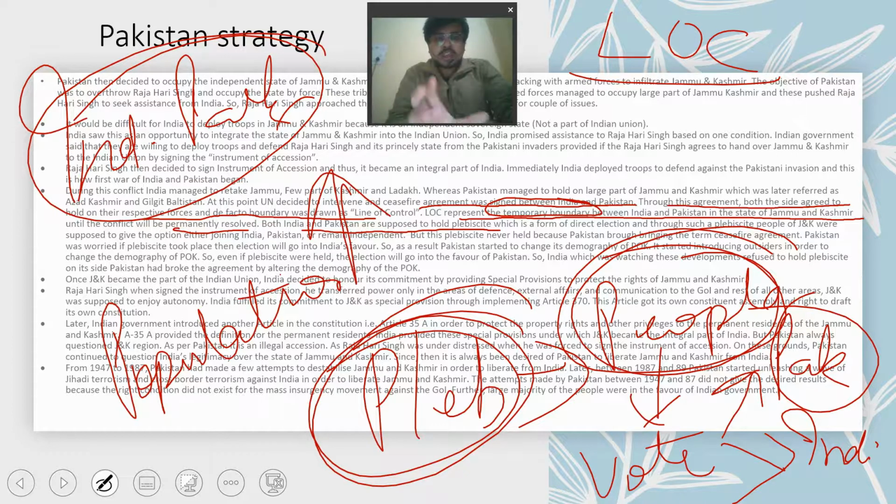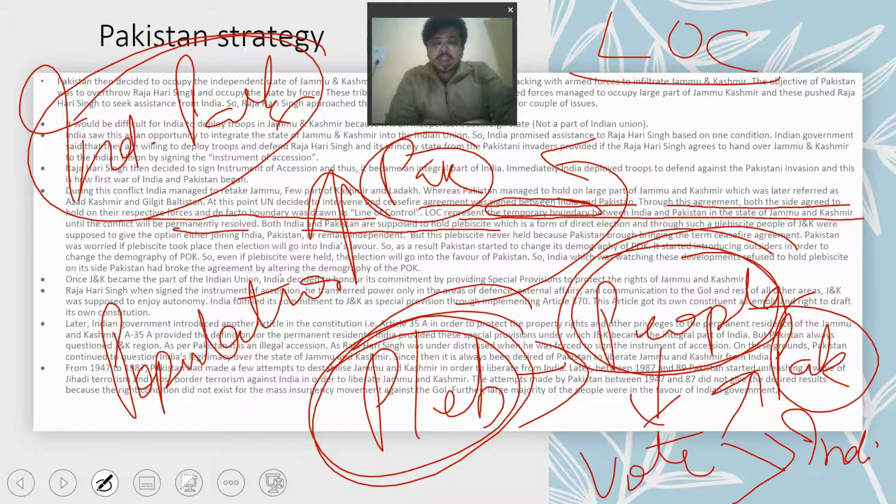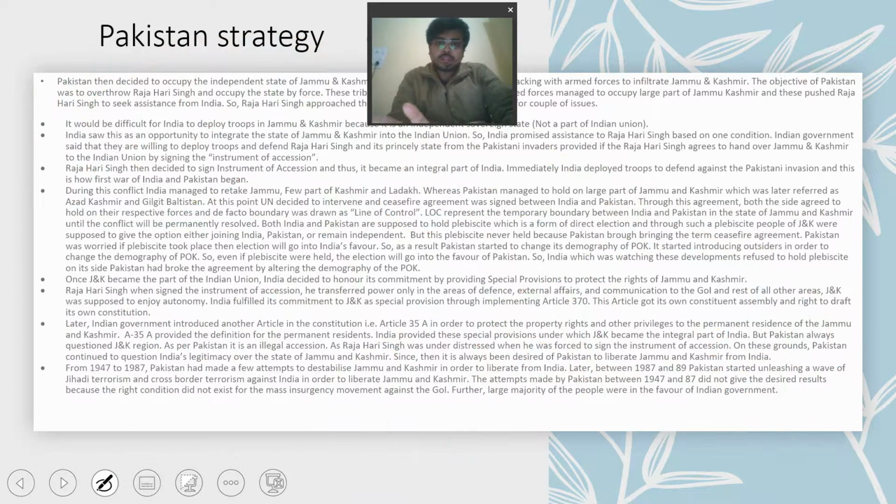So Pakistan started to change the demography of that region, and when the plebiscite takes place, the plebiscite will fall in favor of Pakistan. India noticed that. India was watching all those things, and after that India cancelled the plebiscite option, because India knew that Pakistan was changing the demography of that region. Okay, so this was all about the plebiscite.